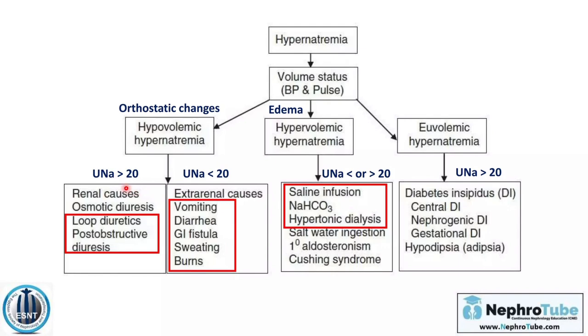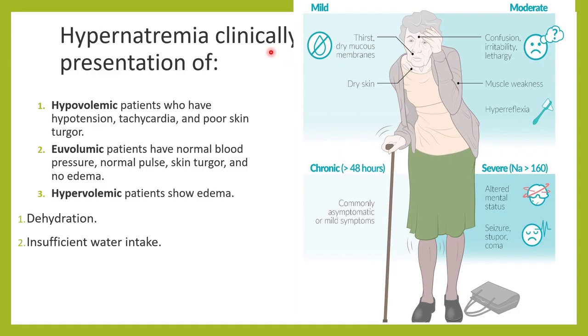Similarly, in hypervolemic hypernatremia, like in salt water ingestion, primary aldosteronism, or Cushing syndrome, the volume of water is more, and along with that there is increased sodium. In euvolemic hypernatremia, like in diabetes insipidus or hypodipsia, decreased thirst, the volume of water will be almost normal, but there will be hypernatremia.